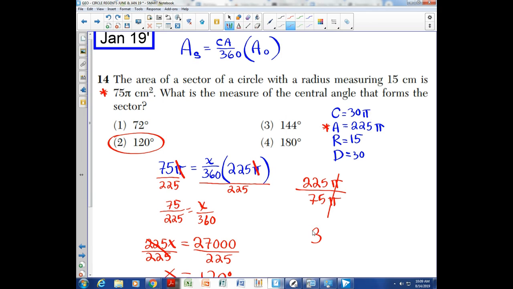Well, what that really tells us is that this slice has divided the whole entire circle into 3 slices. The whole pizza has been cut into 3 slices. Well, if you just remember that a whole entire circle has 360 degrees, if you divide it into 3, you're going to get 120.